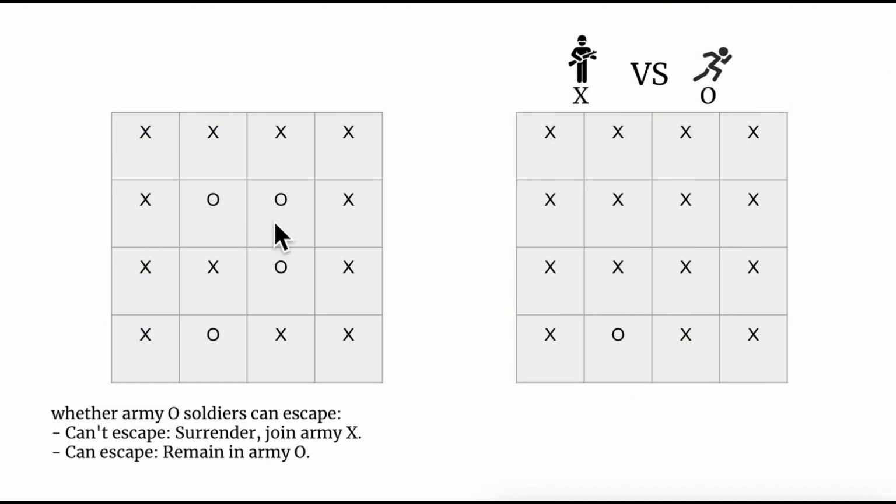So this question is kind of asking, can the soldiers of Army O on this board escape? If yes, they can maintain their identity as Army O soldiers. Otherwise, if they cannot escape, they can only surrender and change their identity to become soldiers of Army X.